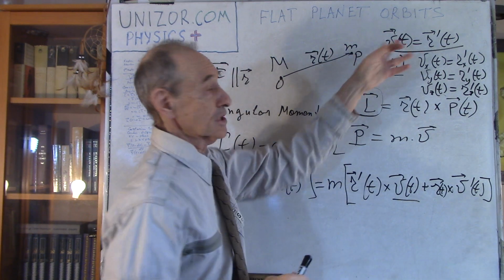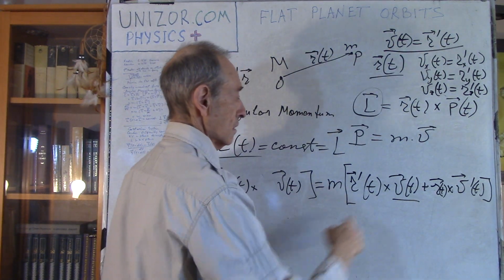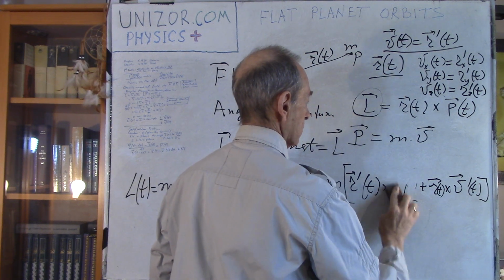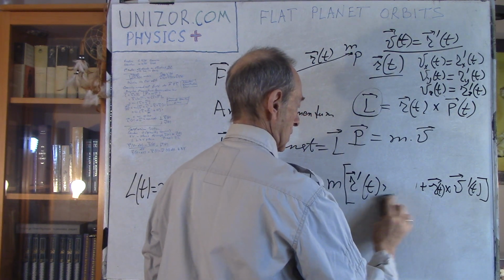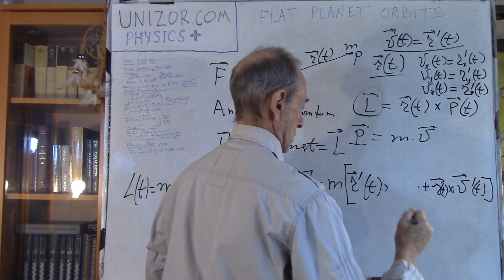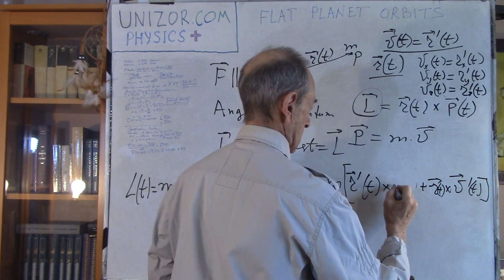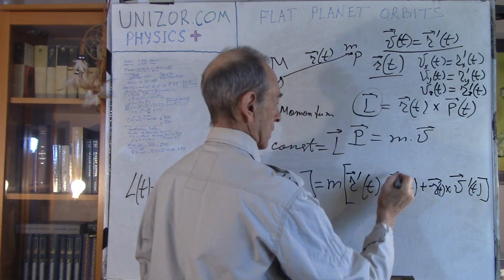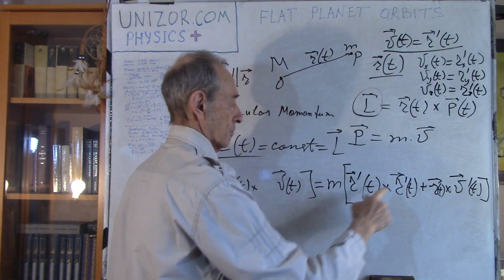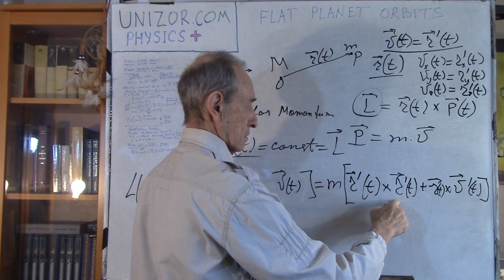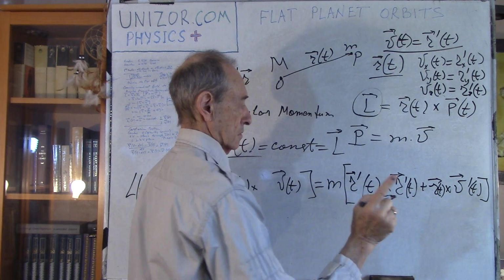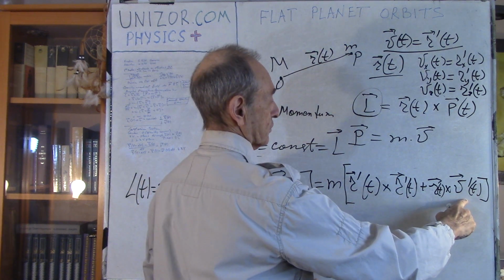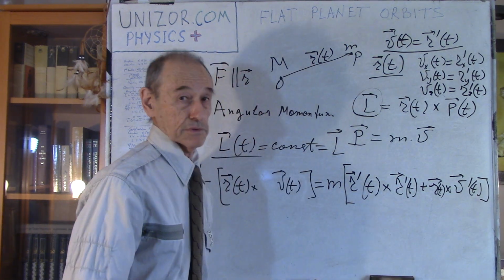So that's the definition. So here, instead of r', I can put v, the derivative of the position vector r of t. Okay, great. Now, what is the derivative of velocity?